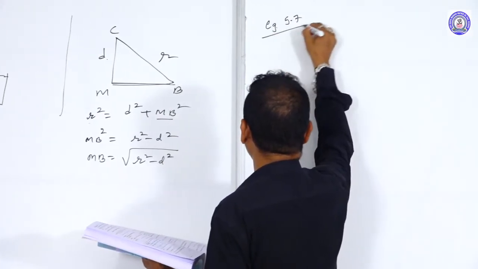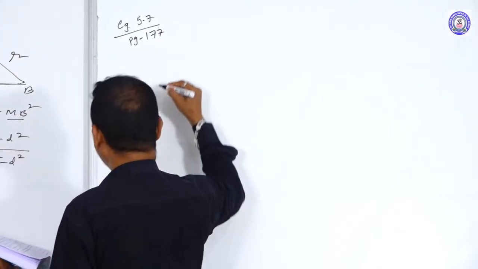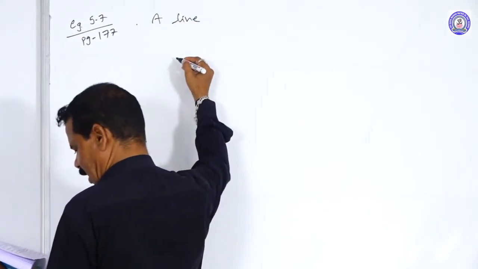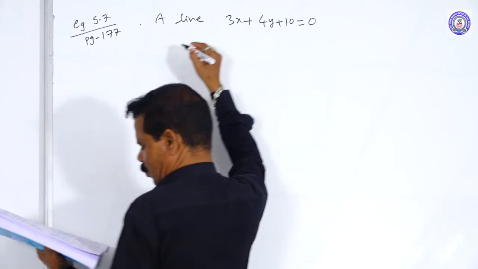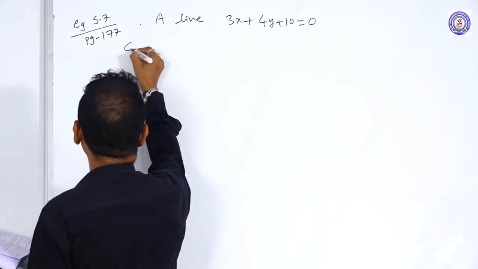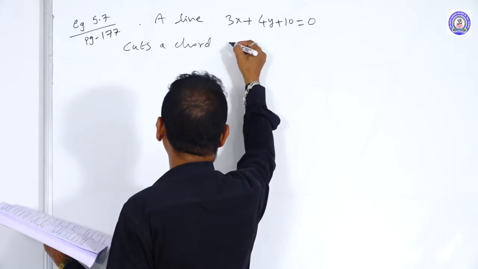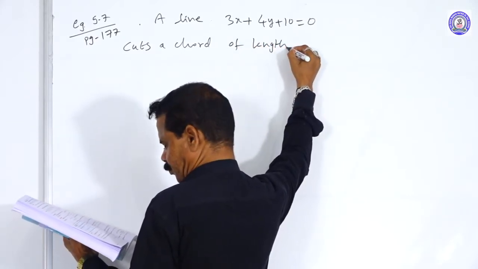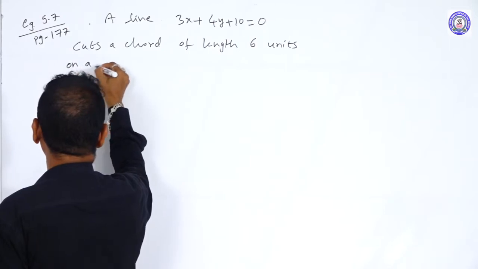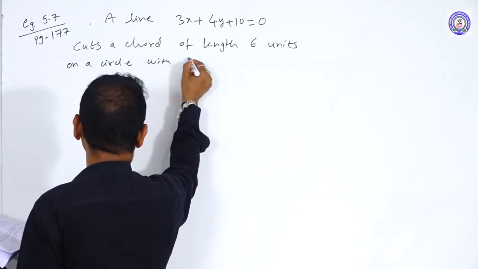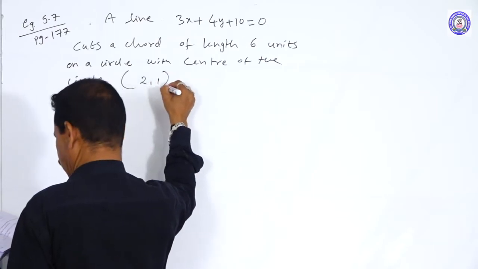Example 5.7, page number 177. The line 3x plus 4y plus 10 is equal to 0 cuts a chord of length 6 units on a circle with center of the circle (2, 1).